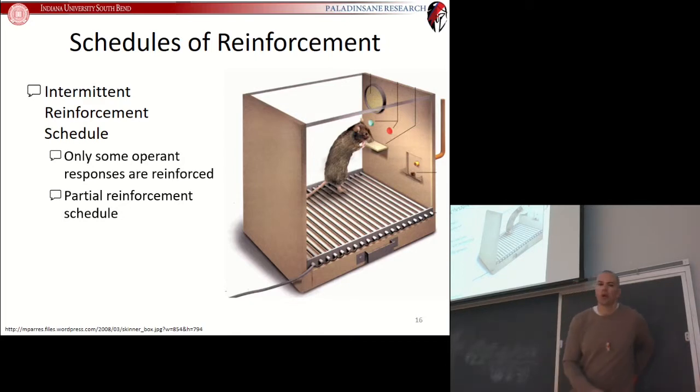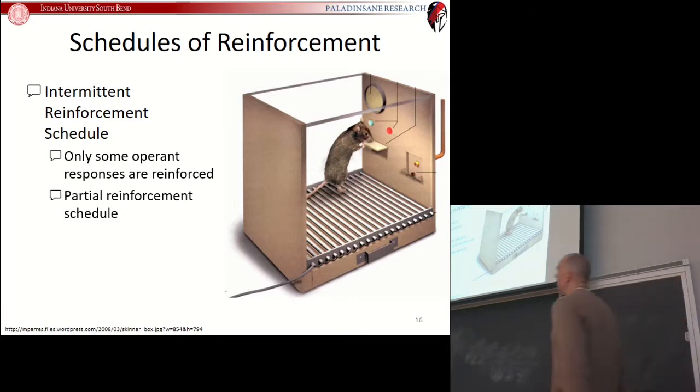So not every response is being reinforced, only some of the responses are being reinforced. And as we're going to see, depending upon how that sum of the responses is determined, that gives us 4 basic intermittent schedules that leads to 4 very characteristic patterns of behavior.